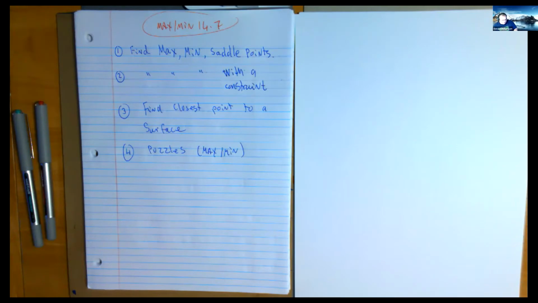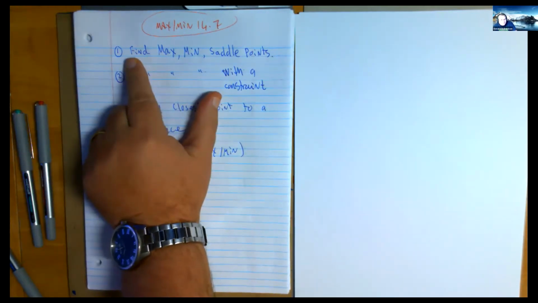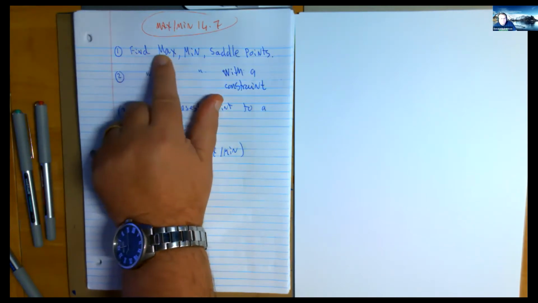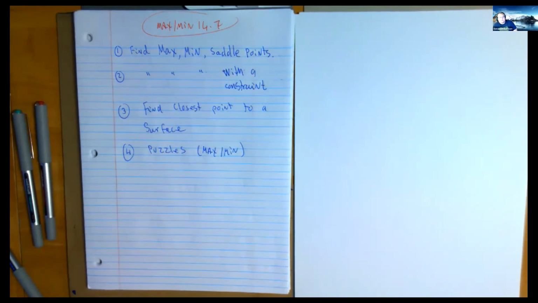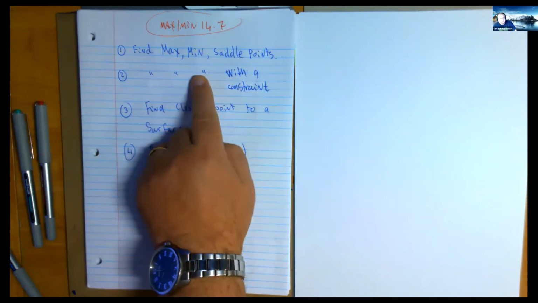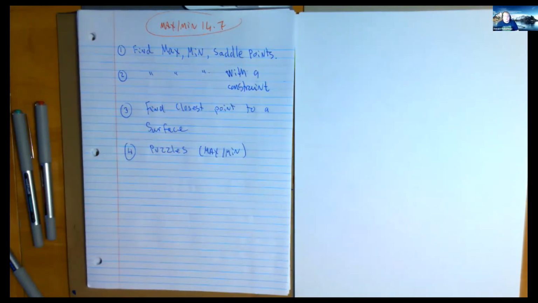So what kind of max-min issues are we going to look at? Well, the first kind of questions are a group where you've been asked to find the maximum, minimum, or saddle point of a given function f of x, y. In the next group of questions, you're being asked to find max and min, but only subject to some constraint.